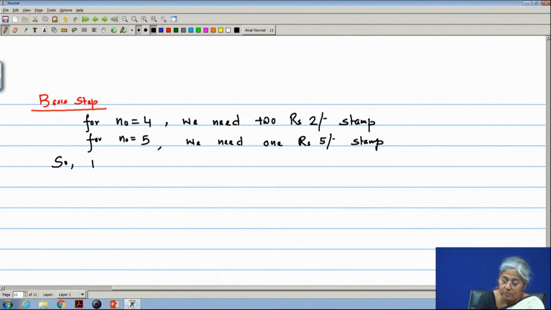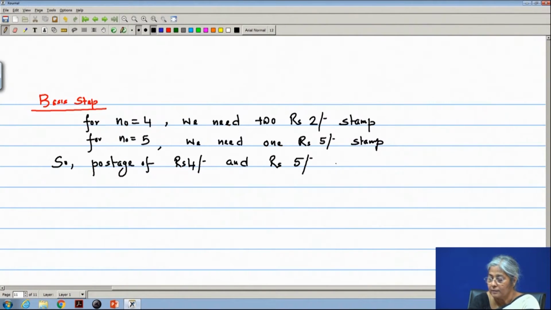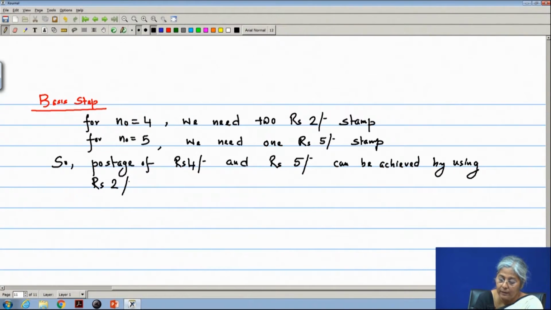So, postage of rupees 4 and rupees 5 can be achieved by using rupees 2 and rupees 5 stamps.